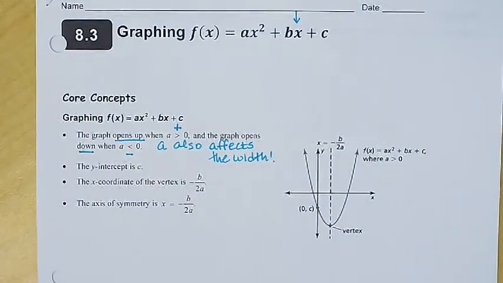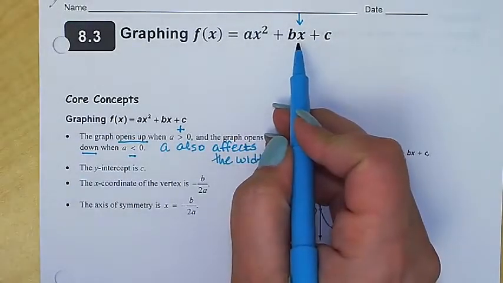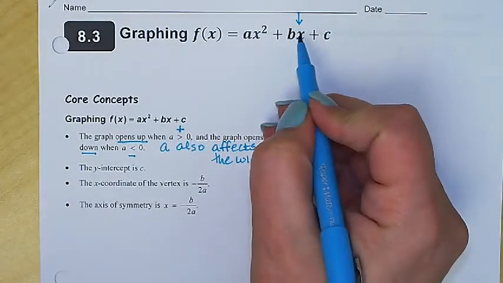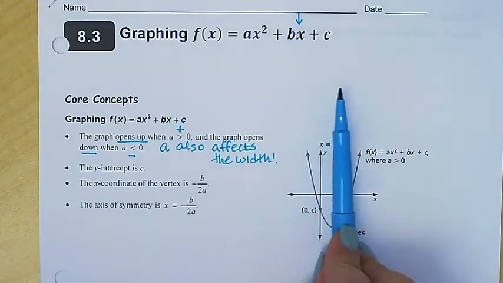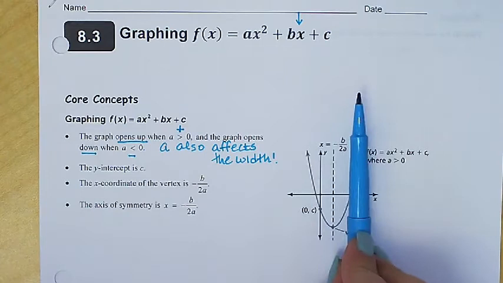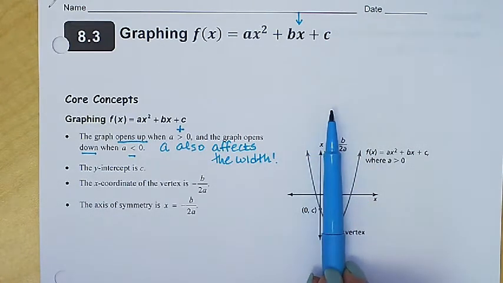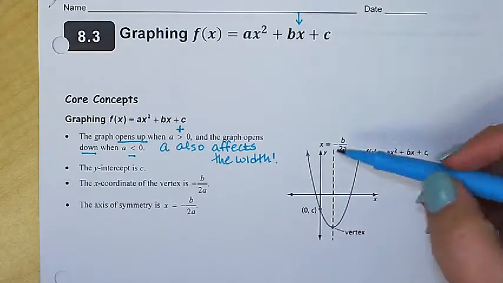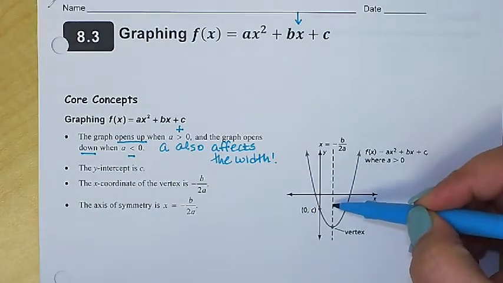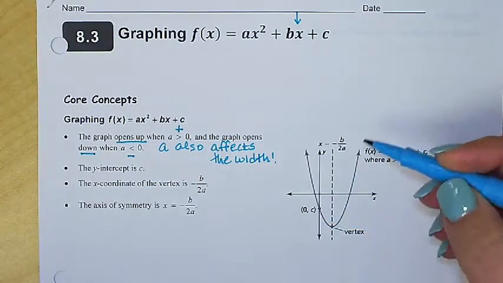And then today we discover the impact when we have this middle term, the bx term. When we start including this middle term with a degree 1 on it, this is when our parabola starts to move from one side to the other. It jumps off of the y-axis and starts to move either to the right or to the left. And when that happens, our axis of symmetry is no longer the y-axis.